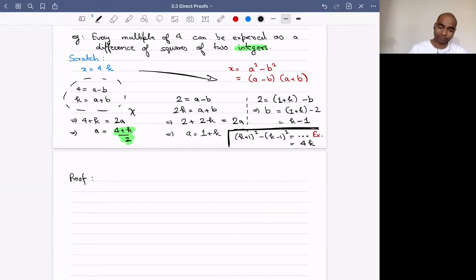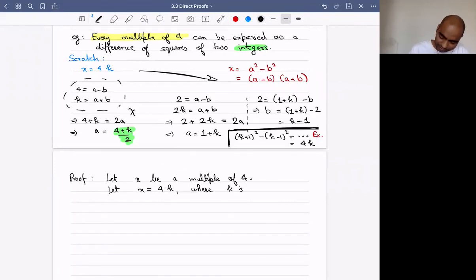Okay, so start with the hypothesis. The hypothesis says that we are looking at multiples of 4. So let x be a multiple of 4. This is like saying that x is equal to 4k, where k is an integer.